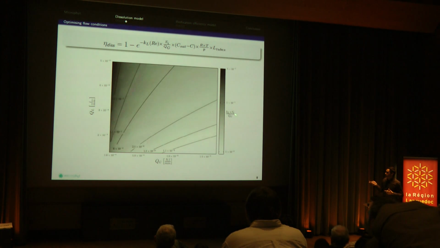It has been plotted here, and we can see that it is maximized when the gas flow rate is minimum, mainly because it increases the contact time, and when the liquid flow rate is maximum, mainly because it increases the turbulence.